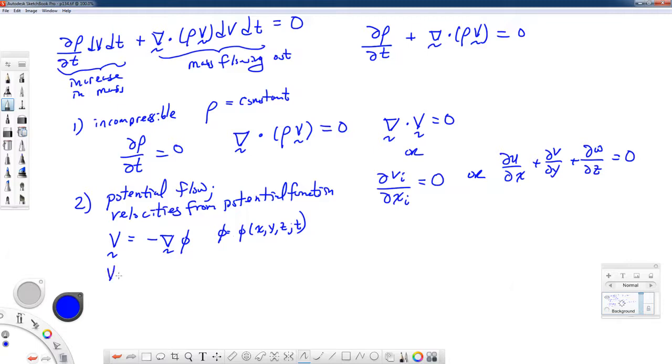In terms of our components, we could say the v sub i are equal to minus the partial derivative of phi with respect to x sub i. And in this case, you can develop what's called irrotational flow. Okay, so some kind of straight line flow.